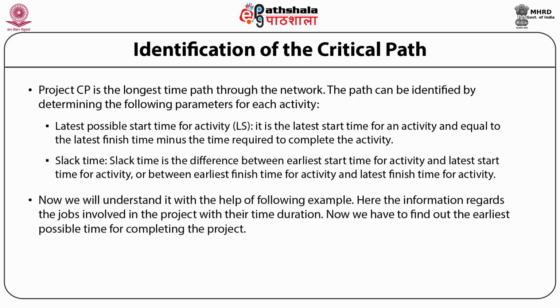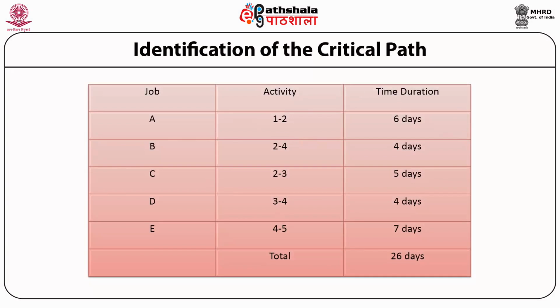Now, we will understand it with the help of the following example. Here, the information regards the jobs involved in the project with their time duration. Now, we have to find out the earliest possible time for completing the project. Job A has activity 1 to 2 and the time duration is 6 days.